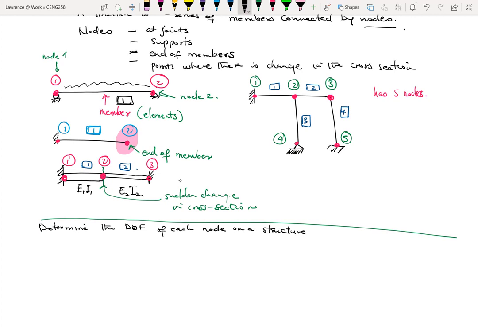Okay. Then also, once you know each node, and if you're able to determine the degree of freedom of each node, then we can sum up the degree of freedom of all the nodes on a structure.